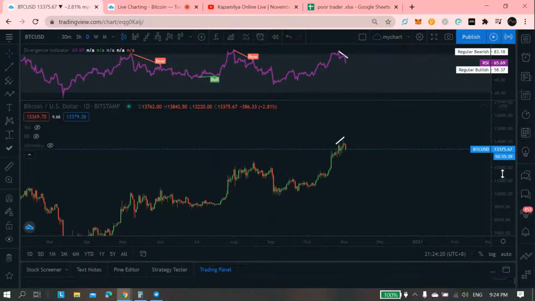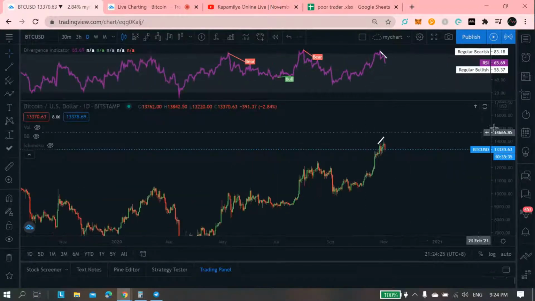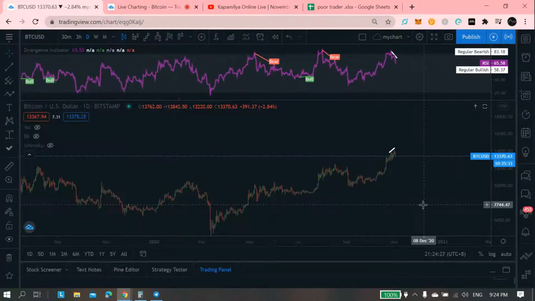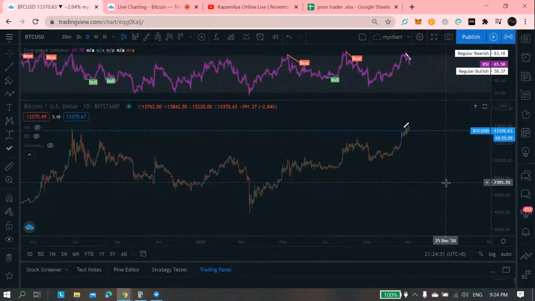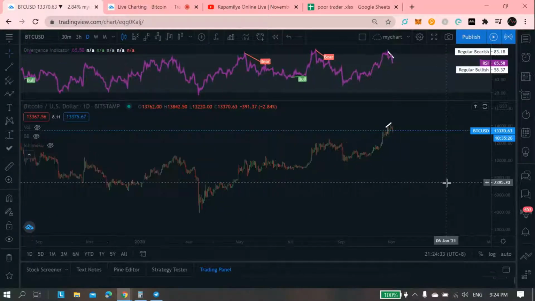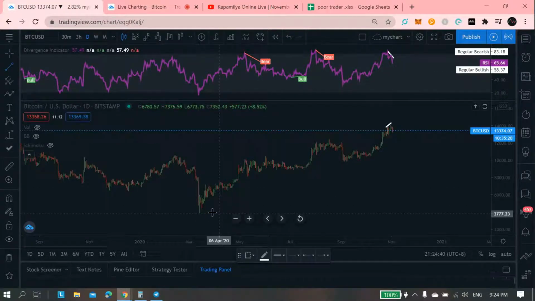And now currently at 13,375. But as I've mentioned a while ago, I'm long term still bullish on Bitcoin. But of course, on a short term time frame, expect a healthy correction. For me, this is just a healthy correction.